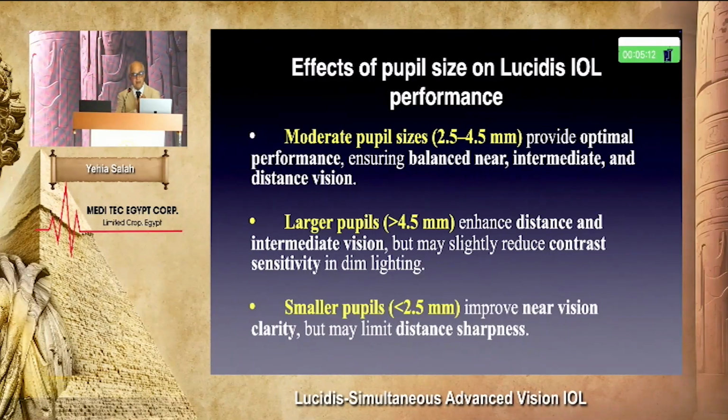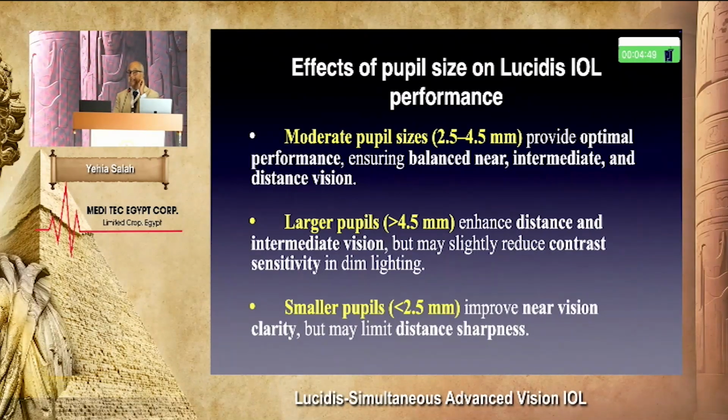But what if people have a larger pupil, and I'm talking about photopic pupil. If it's a larger pupil, most of the rays will go away from this 1 millimeter, and this enhances distance and intermediate vision, but may slightly reduce the contrast for near, and contrast sensitivity in dim light.